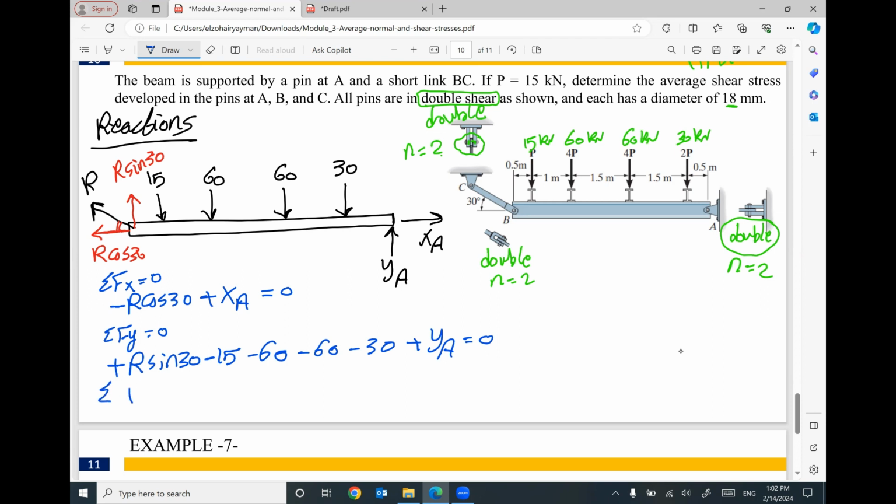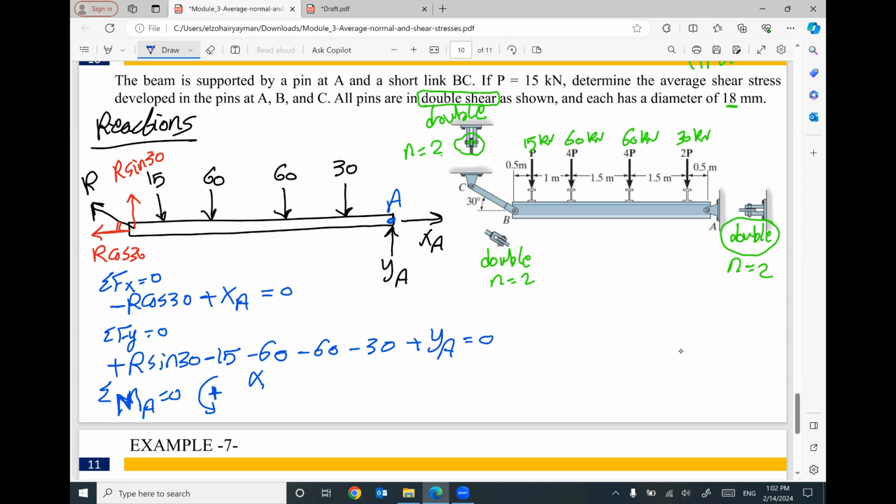I can take moment at any point, so I may take moment at A equals 0. I'm going to assume counterclockwise rotation is positive.